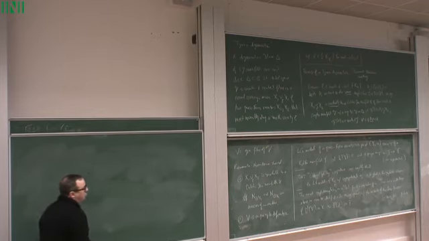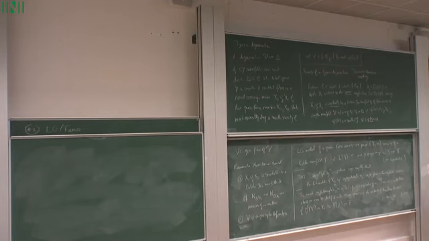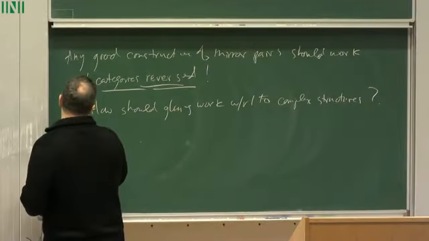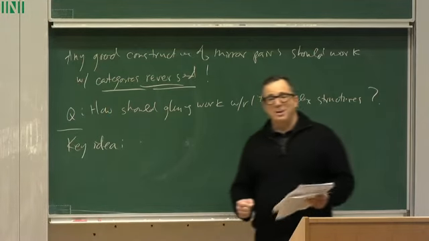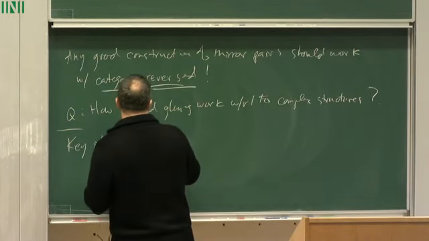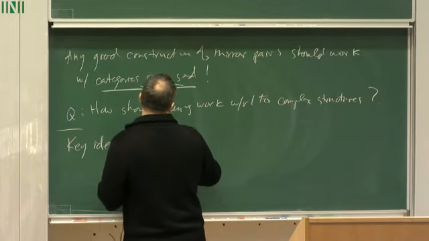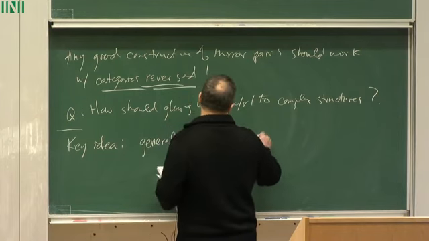But for this particular question here, the key idea, which goes back 20 years to my PhD thesis, as it turned out, is the notion of a generalized functional invariant.